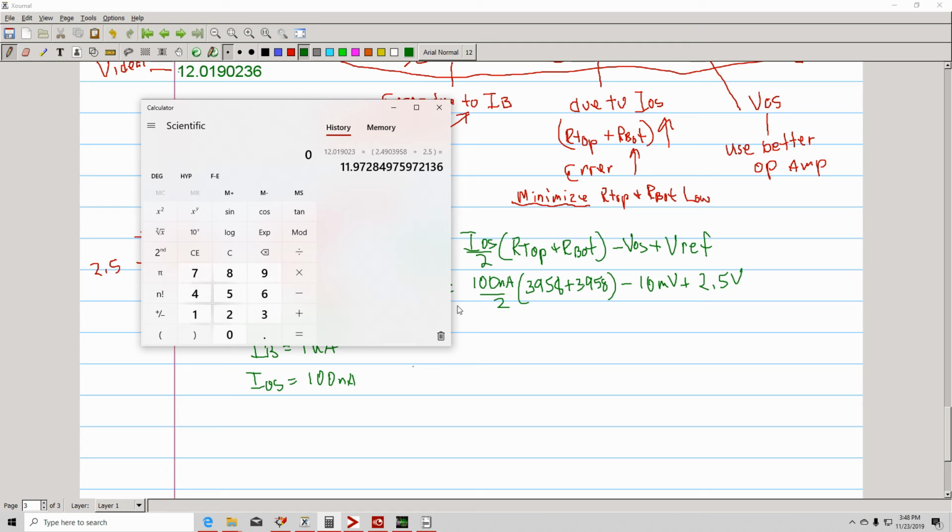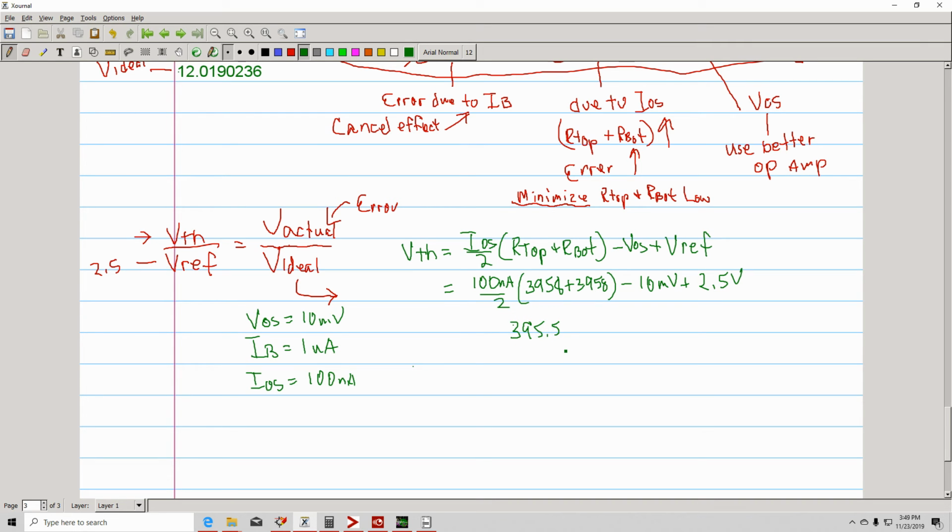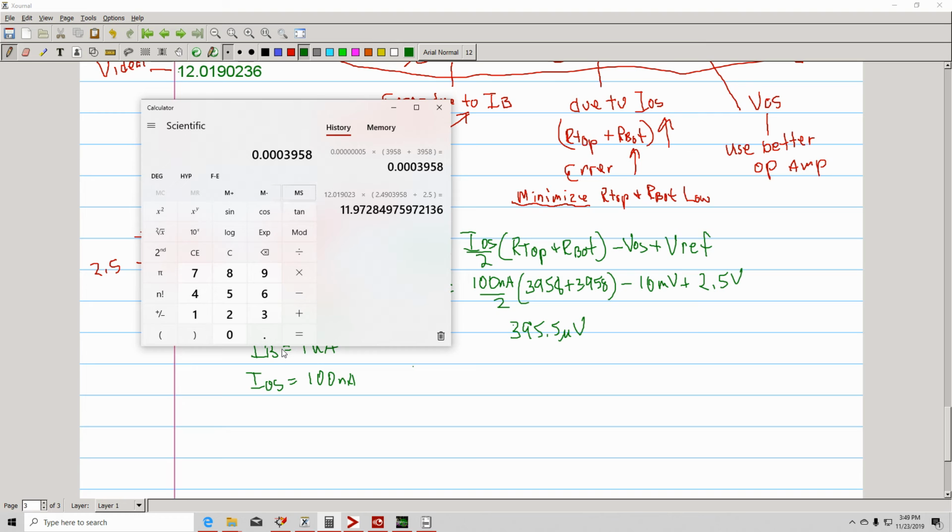So basically it's going to be 50 negative 9 times open parentheses 3958 plus 3958 close parentheses, and we get 395.8 microvolts.